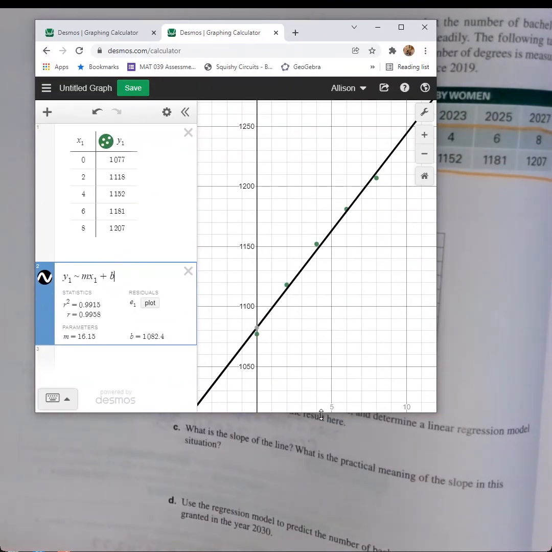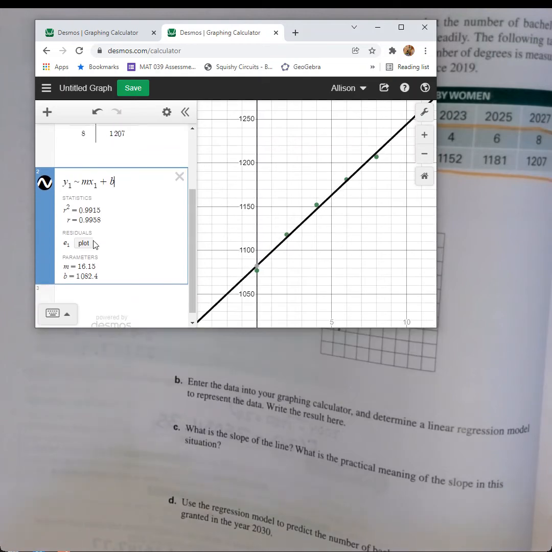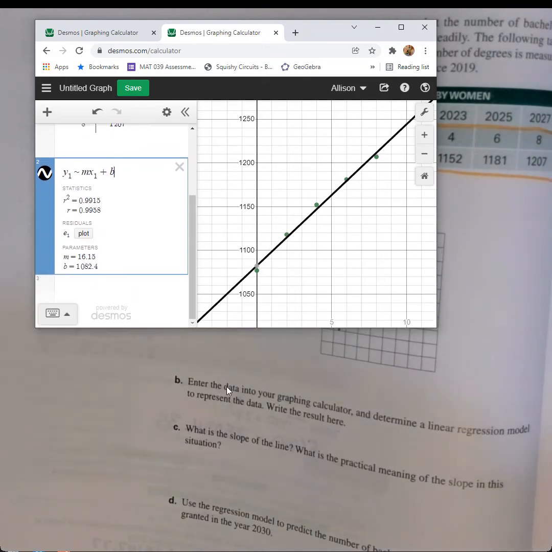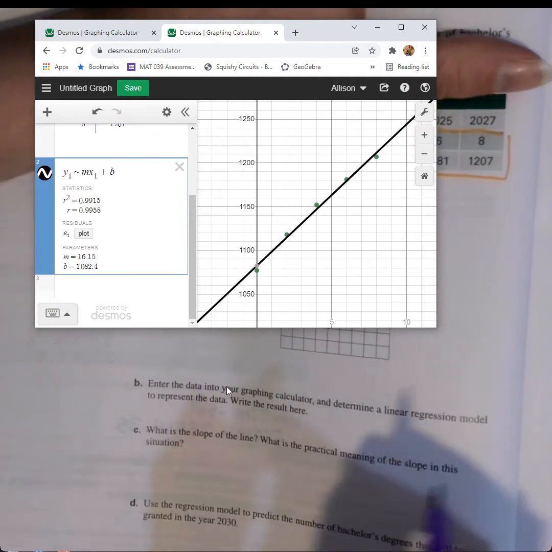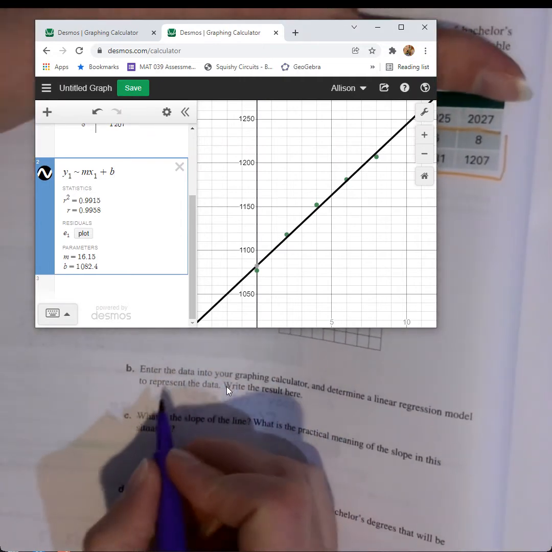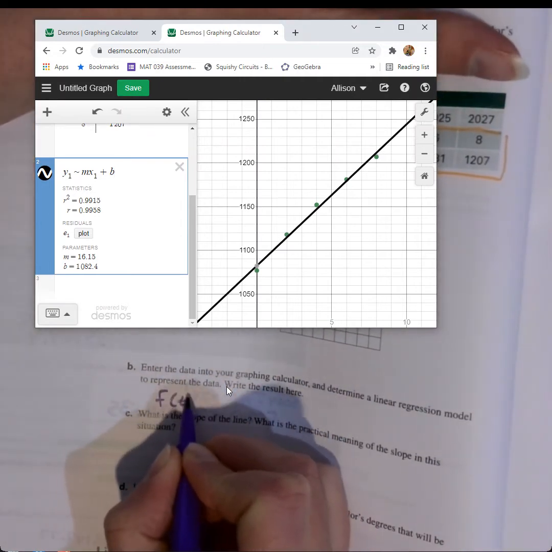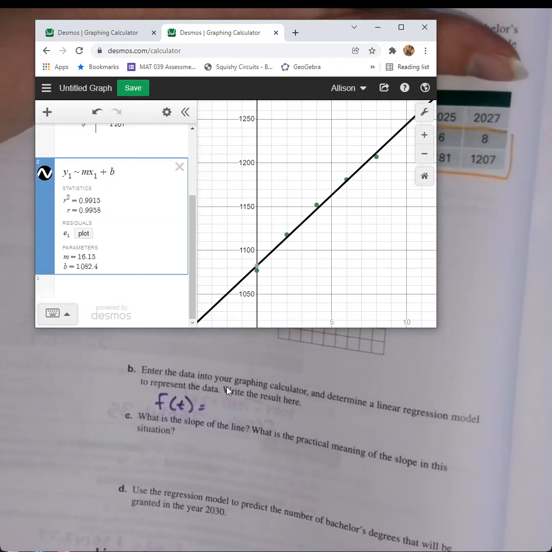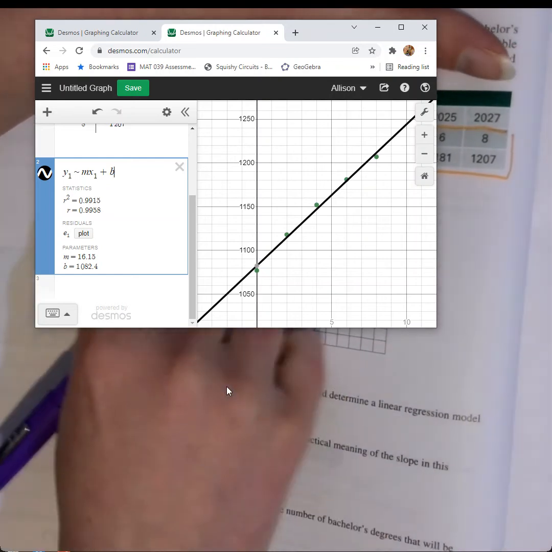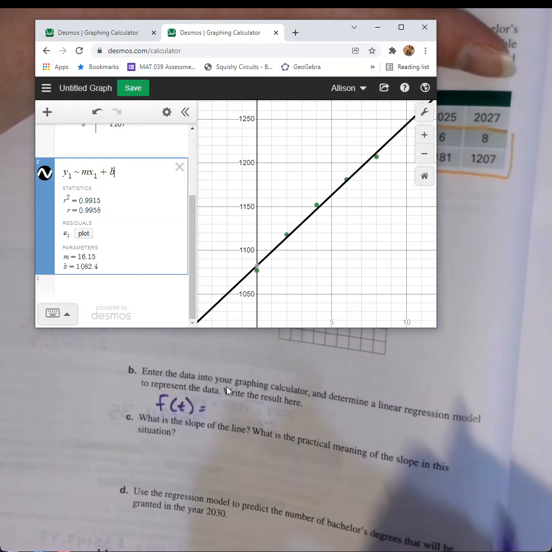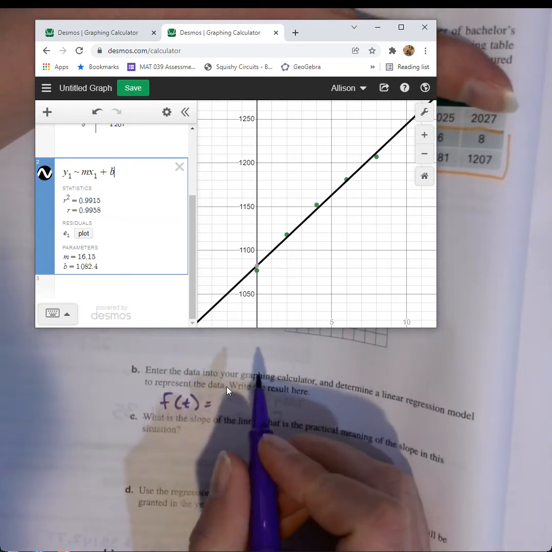So I will pinch this up so I can write down my model here. My model is going to be f of t. Again, the independent variable, we're going to call it t here as directed in the table. And I need to look for the m value, that m parameter.